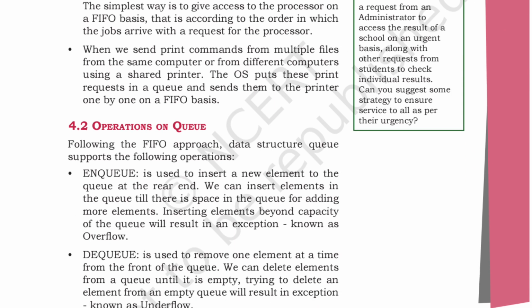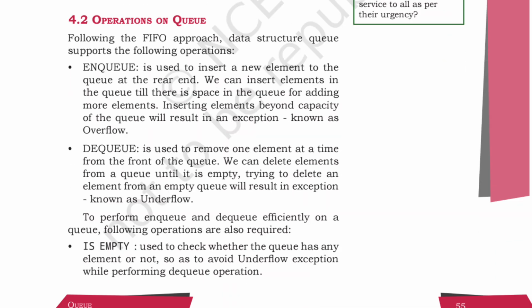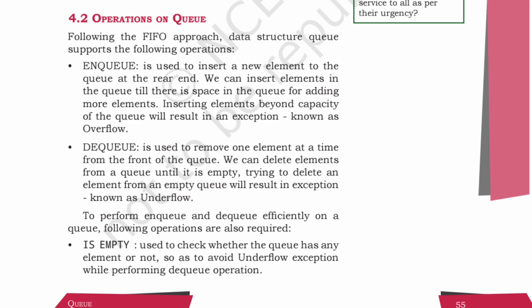If we are putting elements one after another, obviously they will be removed from the queue. So DQ is what? DQ works at the front of the queue. We can delete elements from the queue until it is empty.